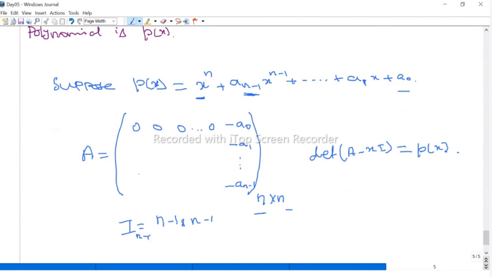That means this is 1, 0, 0, 0, and then 0, 1, 0, 0, and so on. Finally, I take 0, 0, 0, 0, 1. This is the n minus 1 cross n minus 1 identity matrix.